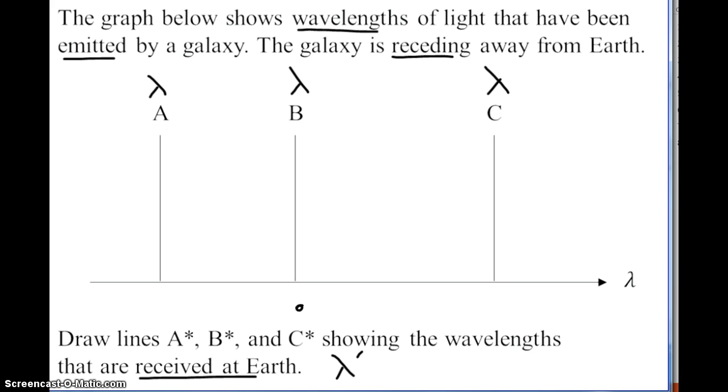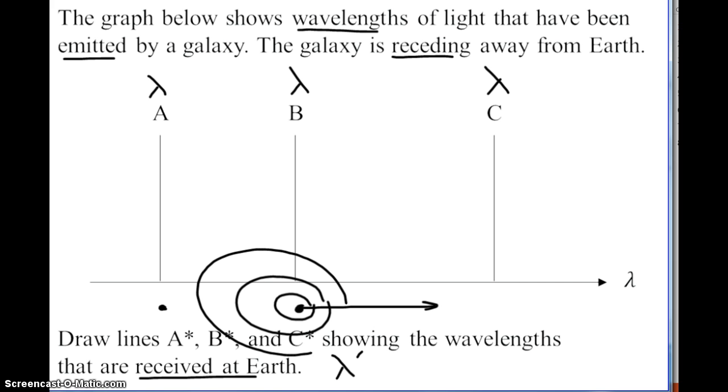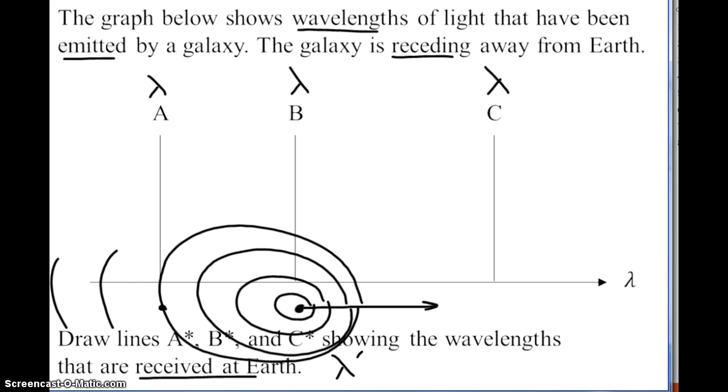If the galaxy recedes, it moves away from Earth like this. The wavefronts are compressed in the direction that the galaxy moves in, right? And so the waves that hit Earth, and then keep going, from the Earth's perspective, these waves are really far apart. The wavefronts are expanded, and so what we see are bigger wavelengths than are originally emitted.